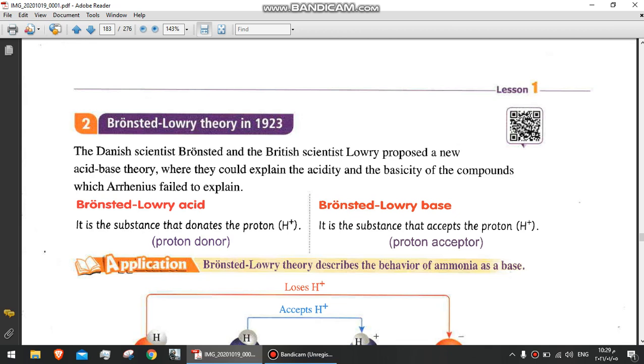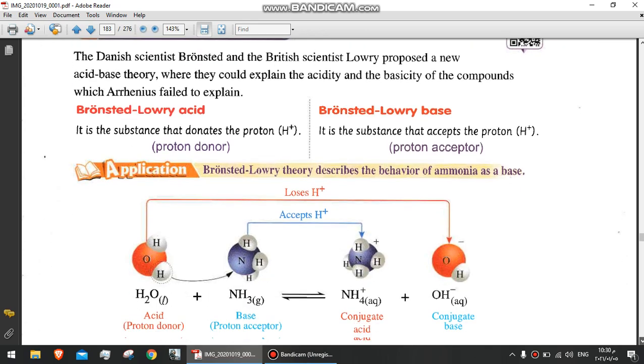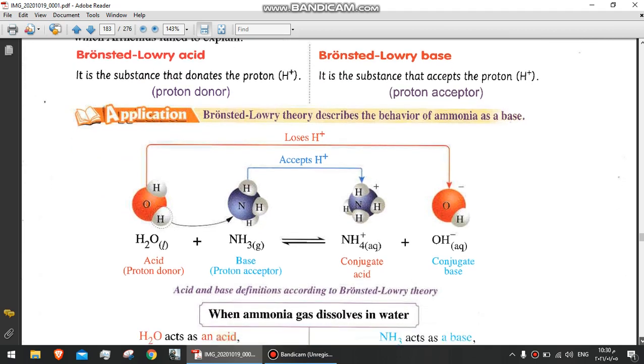Proton means positive hydrogen ion. So a Bronsted-Lowry acid is a proton donor or positive hydrogen ion donor, while a Bronsted-Lowry base is a proton acceptor or positive hydrogen ion acceptor, as in the following reaction: water with ammonia.